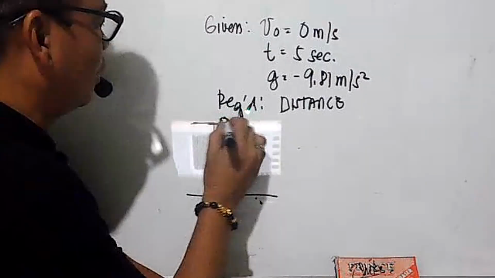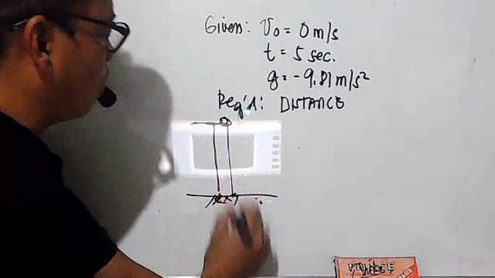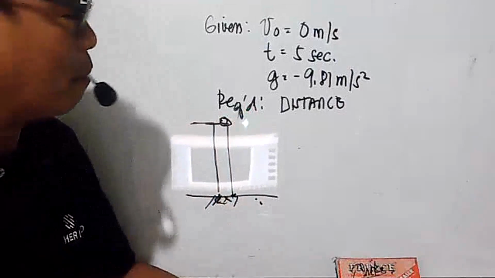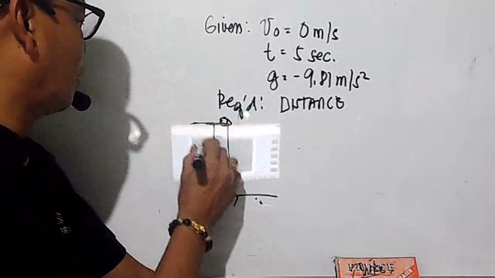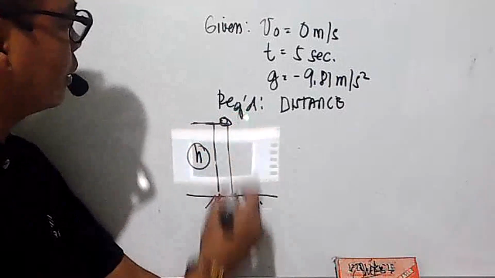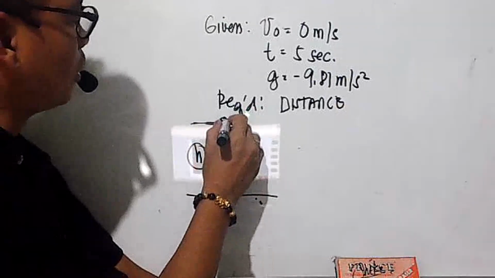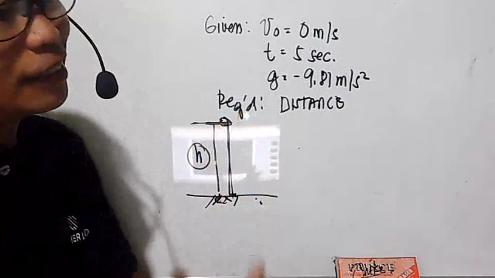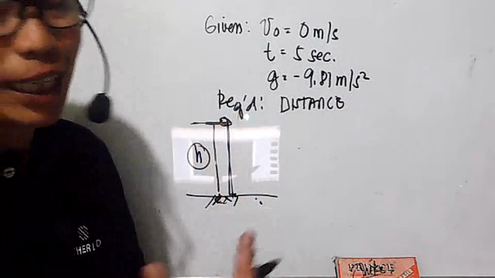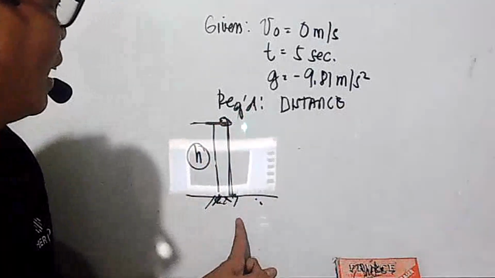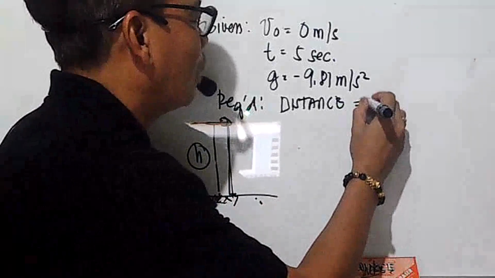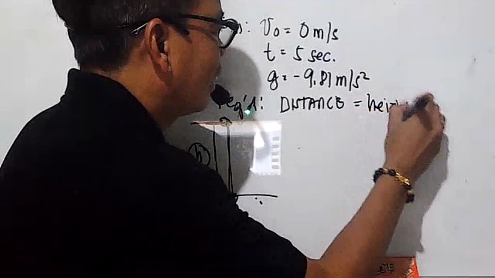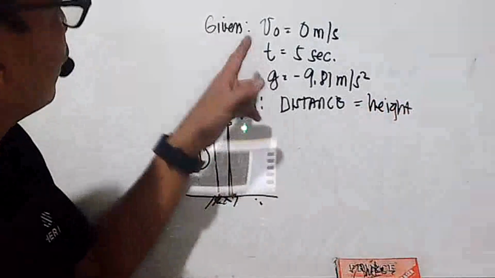From this point, the height of the building, until it reaches the bottom takes 5 seconds, that is the time. So when it falls down here, how tall is this building? You're looking for the height, which is the distance from where you released the stone until it reached the bottom, which took 5 seconds. So these are given.